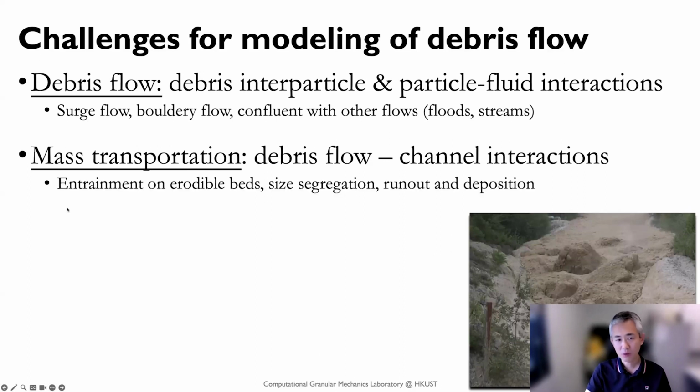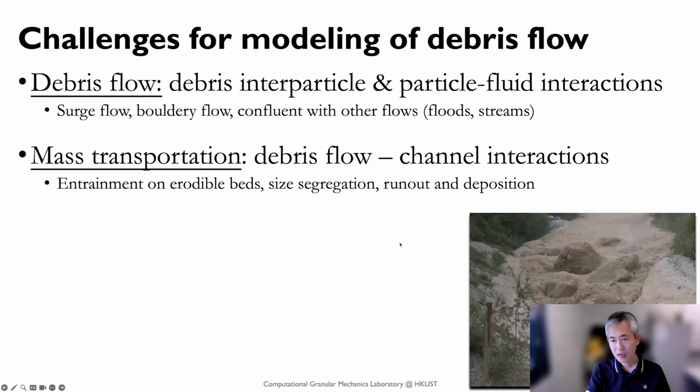We call the typical term entrainment. Entrainment means that when this debris flow goes through a certain area, the soils on the channel bed and the bank can be eroded and added into the debris flow. This changes the mass, the viscosity, the momentum, and also the mobility.